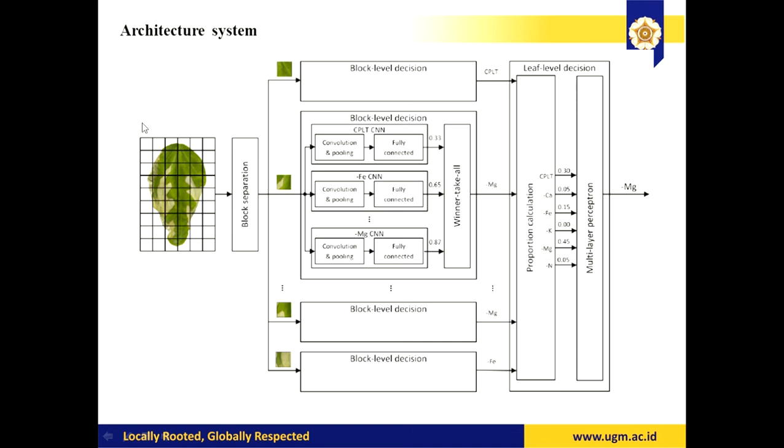In here we have 3, 6, 6, 3, 3, 3, 54 blocks, but we just take the blocks that have a color like this, and then each block will have a block level decision.